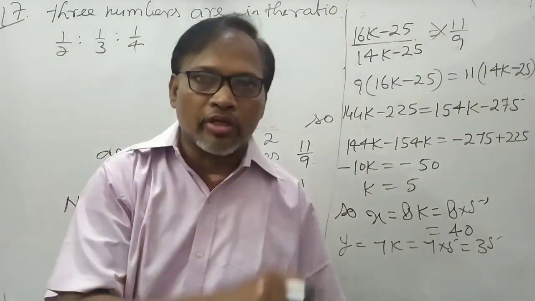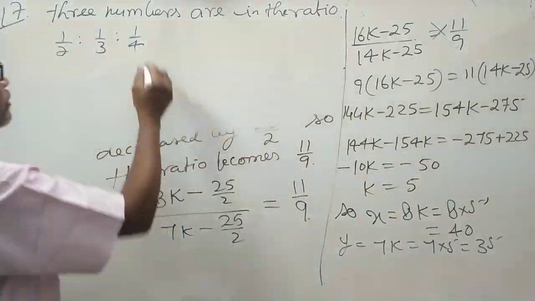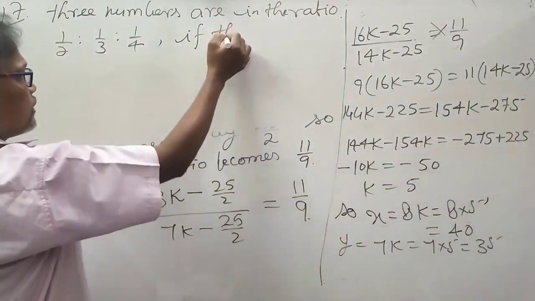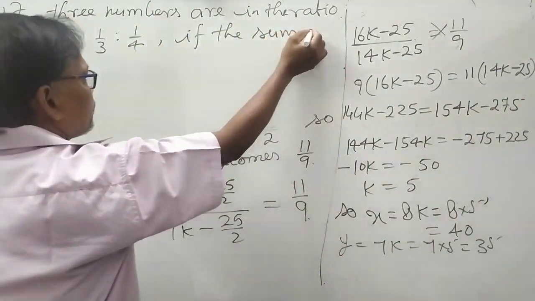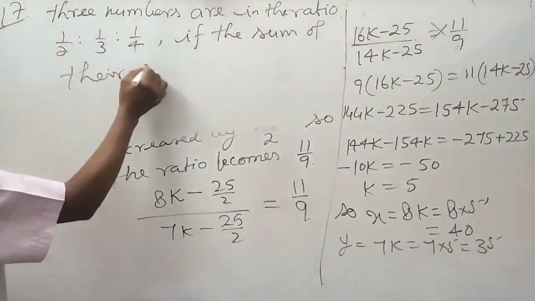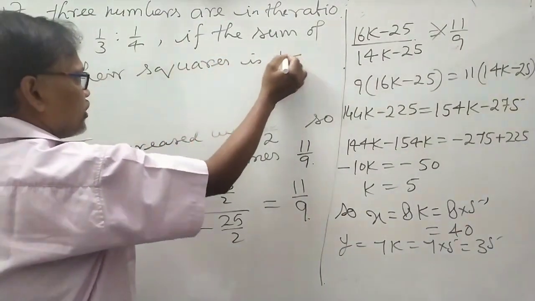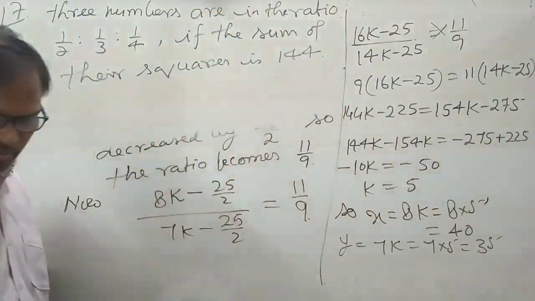If the sum of their squares is 144, find the numbers.